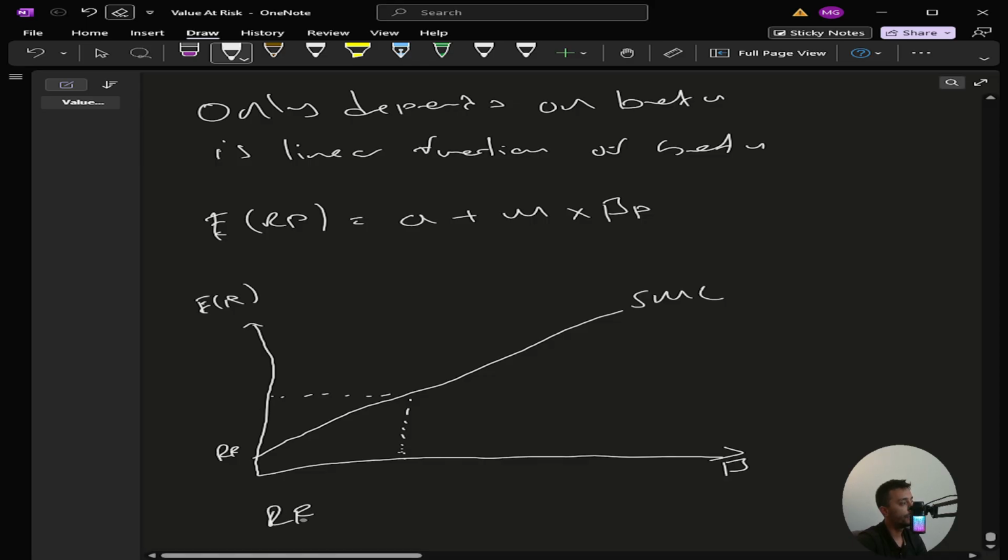I mean, I would like to say that the intercept of the capital market line is equal to the risk-free rate of return.